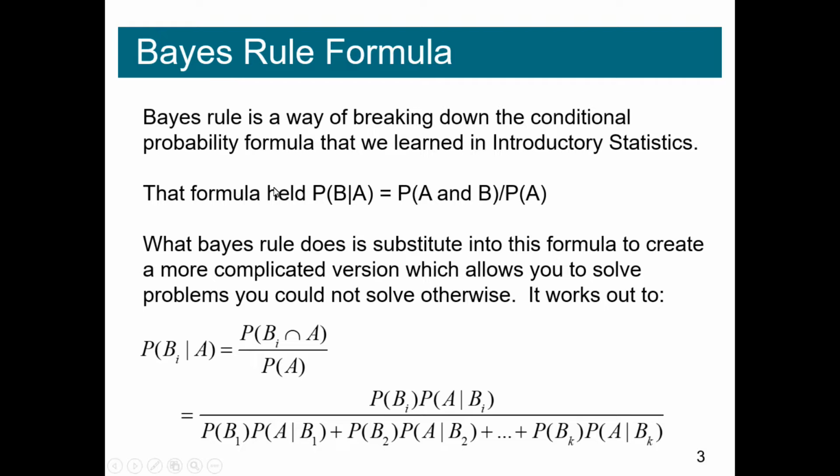What it works out to is the same thing that we had above. P of B given A equals P of B and A over P of A, same way we had it here. But now we're going to substitute in for each of these parts.